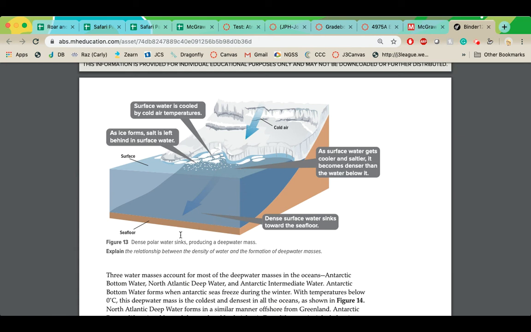So it falls down underneath and starts slowly moving in these underwater currents. As it moves, it gathers a ton of things that have died over time, which are high in nutrients. So this is very cold, almost freezing, dense water that is slow moving and gathering so many nutrients.